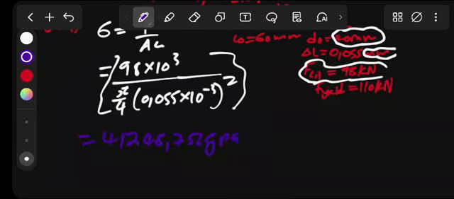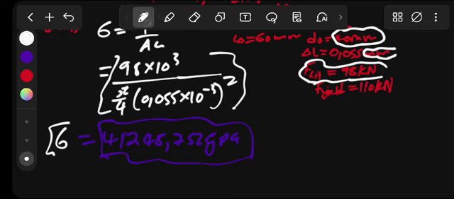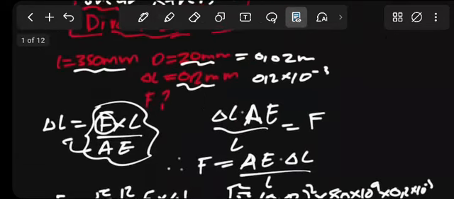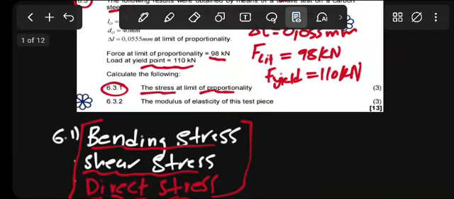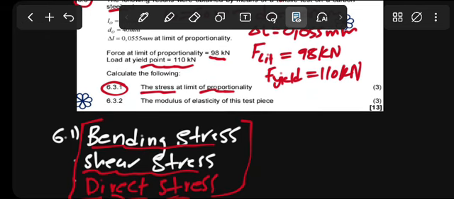Remember, this is the same as times 10 to the power of 9. So I replace that with the G there, so this is simply in gigapascal. That is our stress. It is very big, a huge value there. All right, we have that stress at the limiting proportion. Then the modulus of elasticity of the test piece.